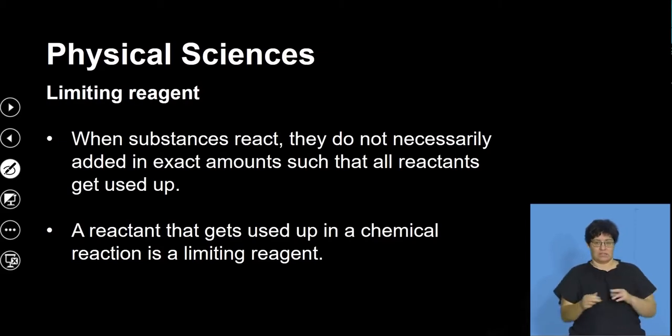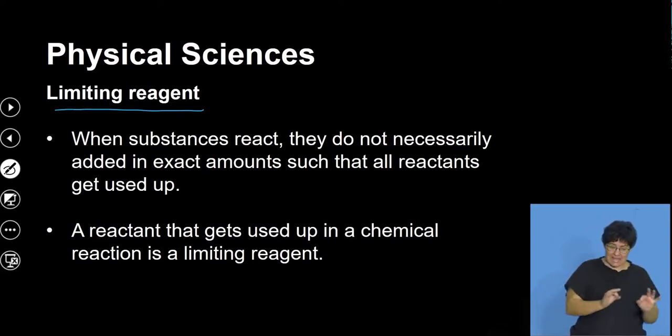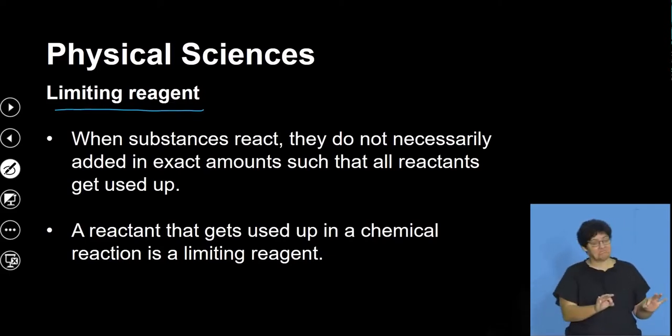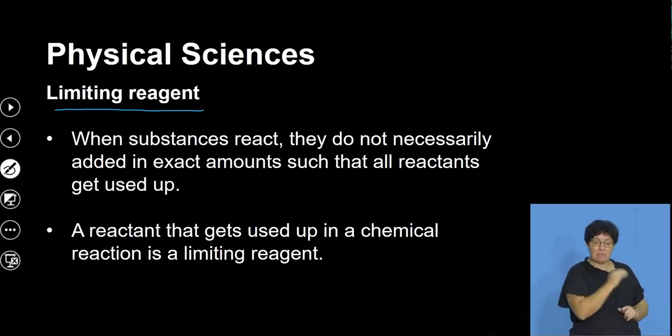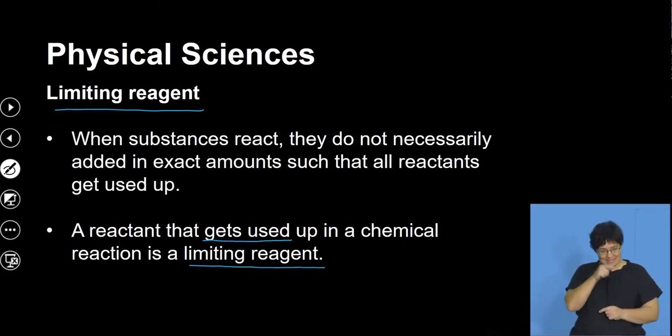When substances react in any chemical reaction, when we talk about the limiting reagent, they do not necessarily react in exact amounts such that all reactants get used up. In one way or the other, one of the reactants usually gets used up or exhausted, and the other one remains. That which remains is the one in excess. The reactant that gets used up is what we refer to as the limiting reagent, which will determine the amount of the product.